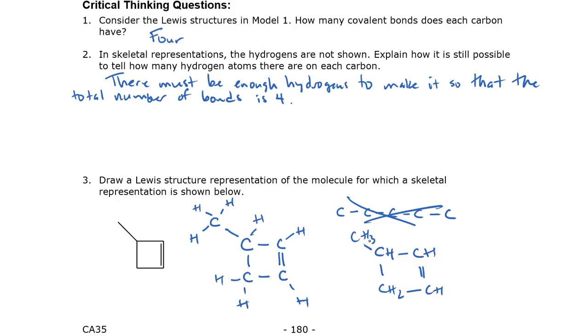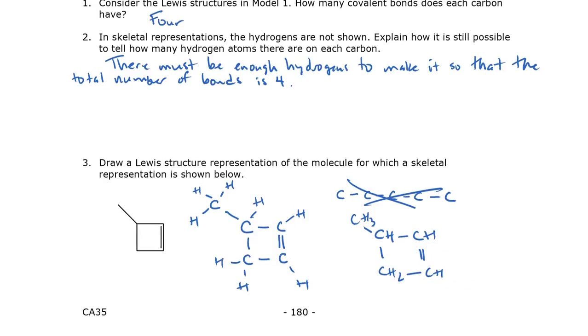So you get the idea of the difference. Here are 3 different ways you can draw this particular molecule. So that's a skill you'd like to work on, being able to convert between stick structures and Lewis structures and condensed structures.